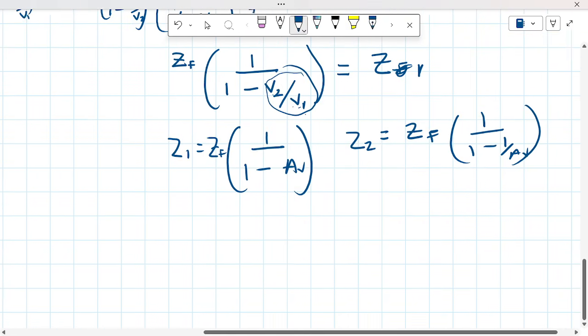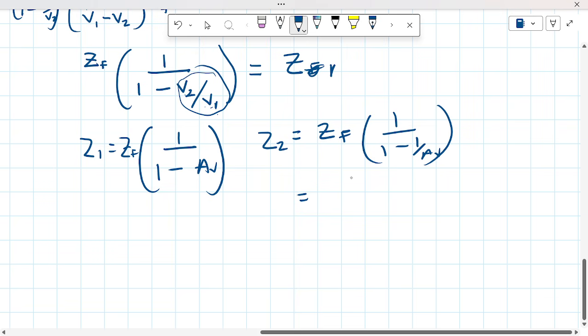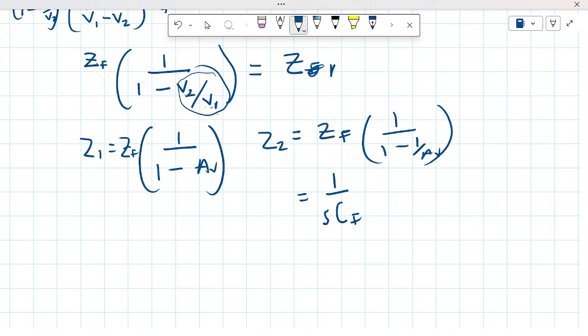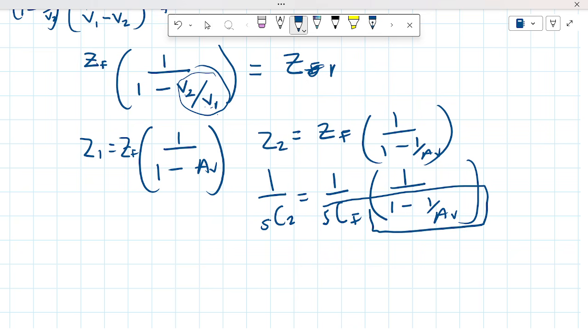If we had our original impedance being 1 over SCF, then we are going to have 1 over 1 minus 1 over gain, and we have the impedance of the capacitor at the other node being SC2. So in terms of capacitance, we are seeing that the capacitance itself is just multiplied by this factor here.